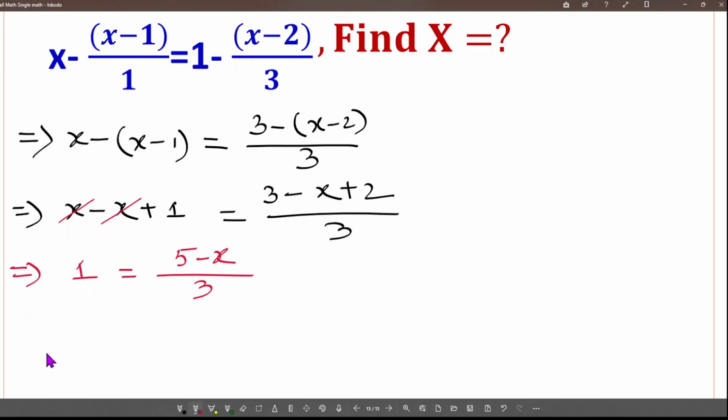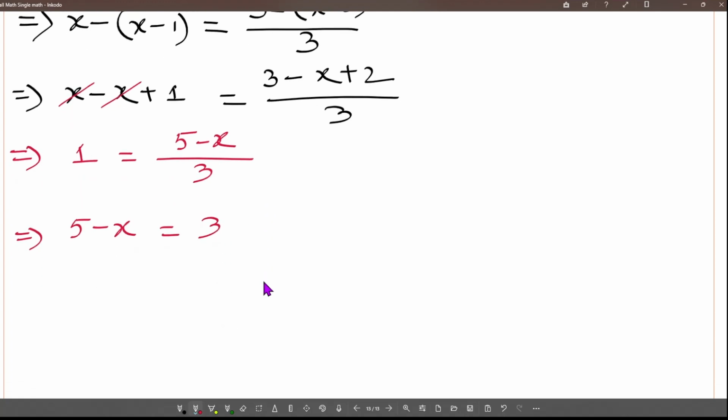Now we can do cross multiplication. So 5 minus x equals 3. Then minus x equals 3. This 5 moves from the left side to the right side, so minus 5. So minus x equals 3 minus 5, which is minus 2.